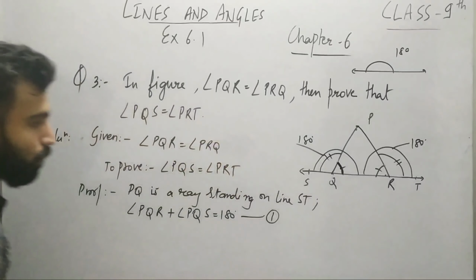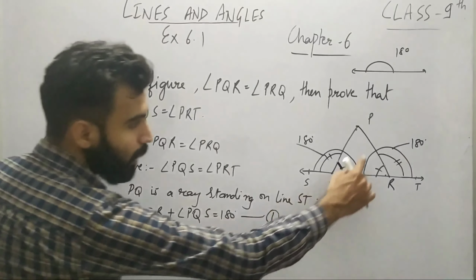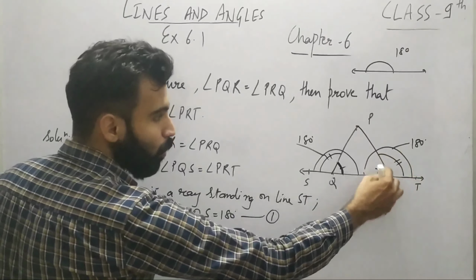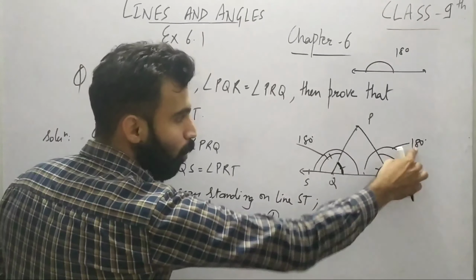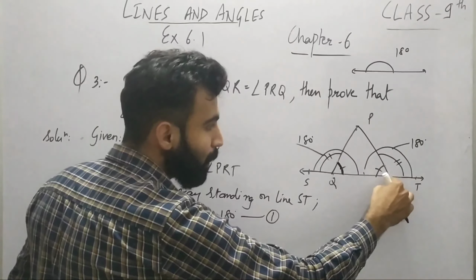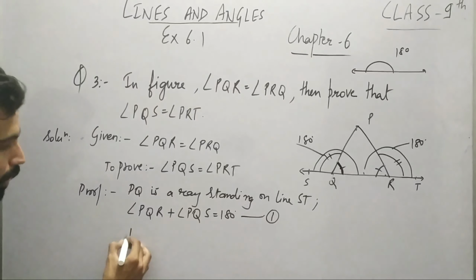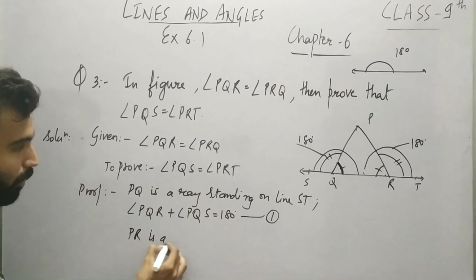Now moving on to the second equation. So if you just see, this is also forming a 180 degree angle, sorry. So the sum of these two angles will also be 180. That means PRQ plus PRT, right? So let me just write that PR is a ray.